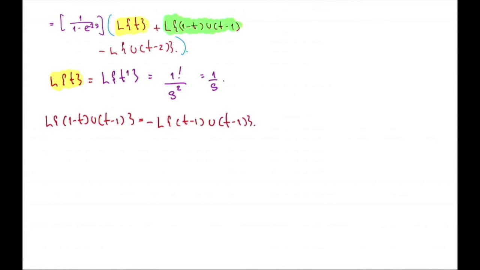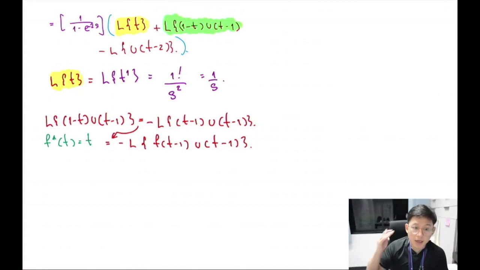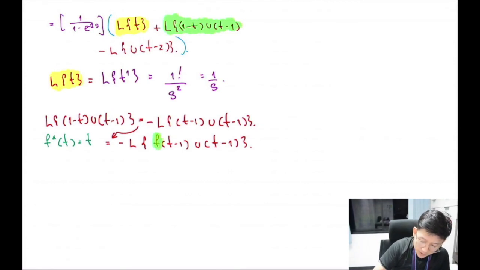If I let f star (t) be t, here is the Laplace transform of f(t minus 1) u(t minus 1). Does it make sense? Because guys, f(t) is t, so f(t minus 1) is t minus 1.